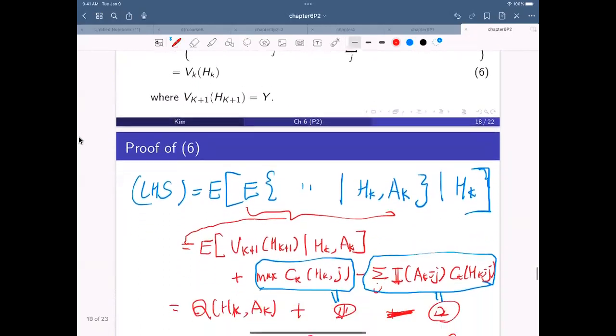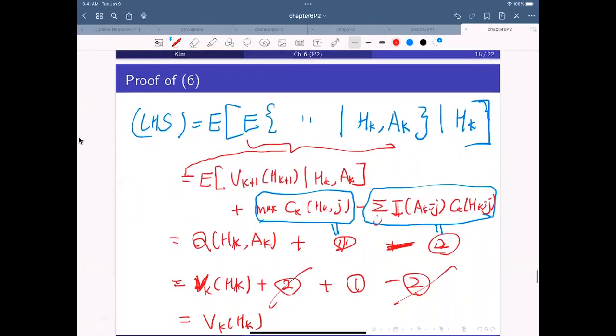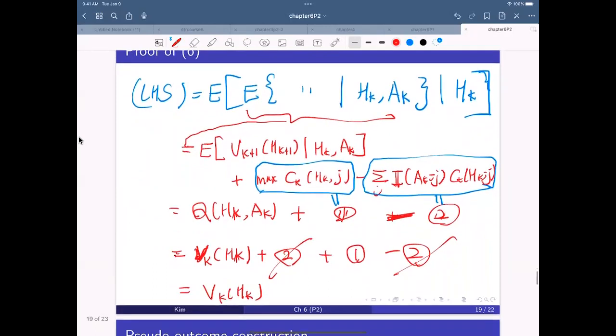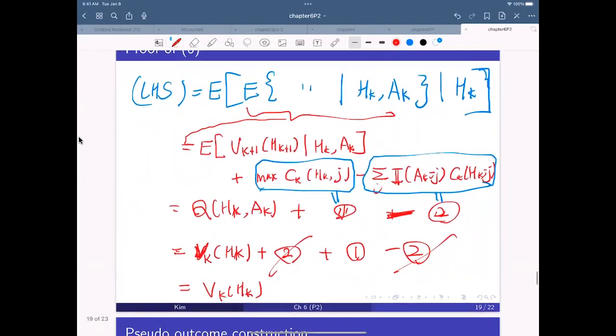So that basically takes care of equation 6. Yeah, I have 3 pages and 10 minutes, so it should be good. Should be okay. Unless you might have a question.